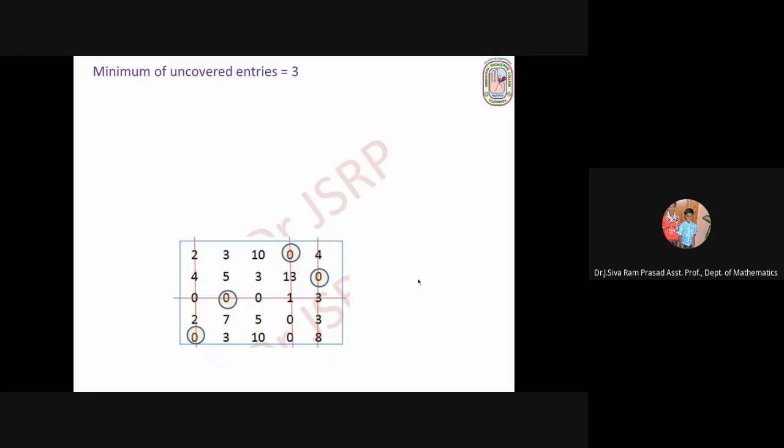The minimum of uncovered entries. Okay, so uncovered entries are these 4 and these 4. Among these uncovered entries, the minimum of these 8 entries is 3. This is 3, this is 3, and this is also 3. So minimum of uncovered entries equals 3.